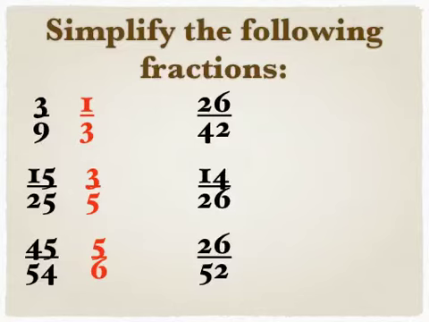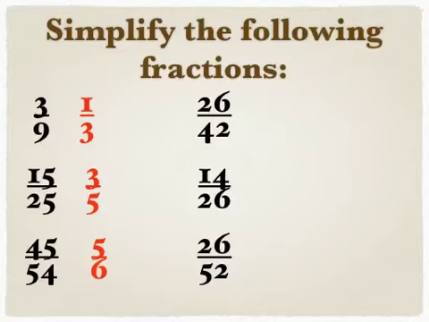And so sometimes you might have to simplify several times to get the fraction in simplest form. If I could have done 3 with 45 and 54, I could have divided by 3 first, but then I would have ended up with a fraction that could still be simplified further.